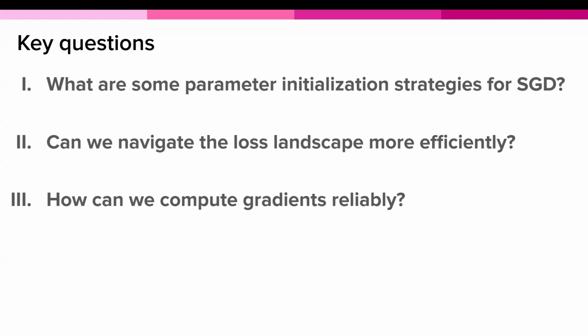And then finally, we're going to think about how to compute those gradients more reliably, to make that process less error prone and less tedious for us, especially as we scale up to really large networks like transformers.